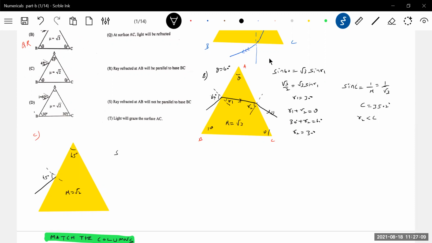First, sine 45 degrees equals mu into sine R1. R1 is 30 degrees. R1 plus R2 equals 45, so with R1 30 degrees, R2 is 15 degrees. R1 is not equal to R2.